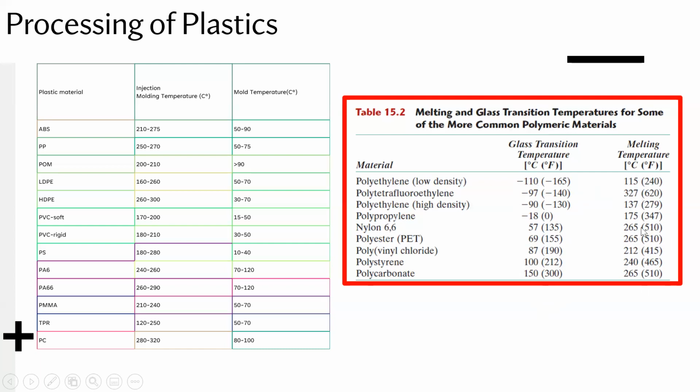In a lot of these cases, the melting temperature is quite high when the glass transition is also a positive value and quite high. So what you see here is that beyond this melt temperature, which is a few hundred degrees centigrade, you can actually observe a transition to a liquid.